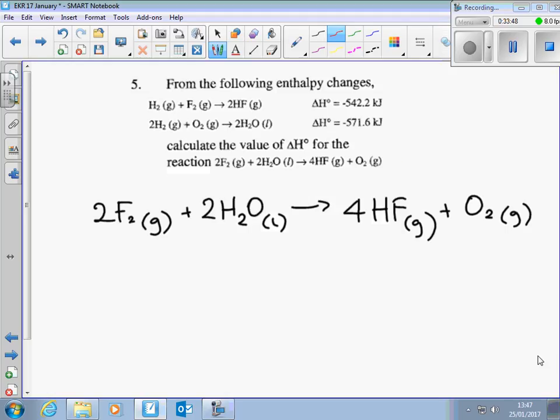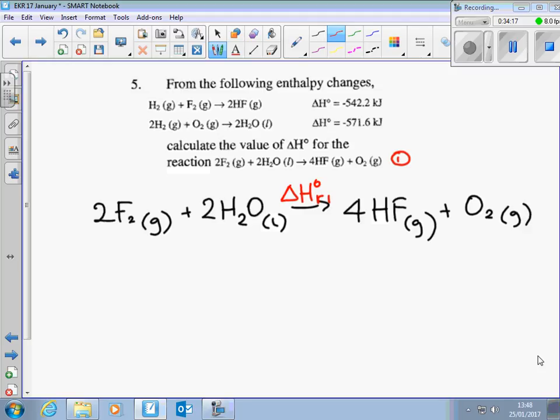Let's flag it up. That's number 1. So this is going to be the one that we want to work out. Delta H naught R1. How are we going to get there? What have we got? Well, on the left we've got fluorine and water. On the right, we've got hydrogen fluoride and oxygen.